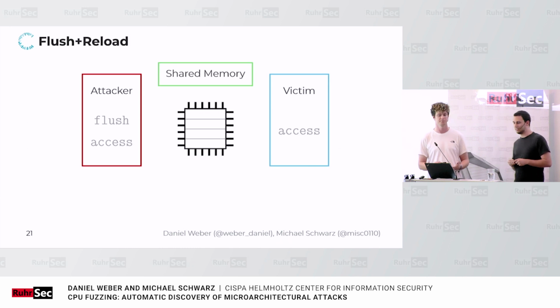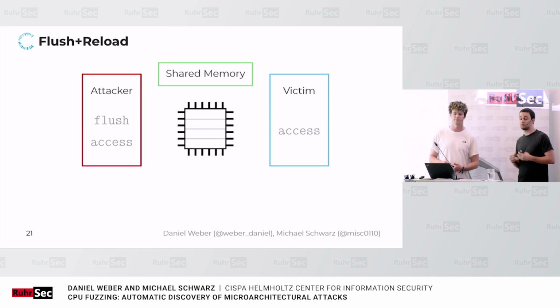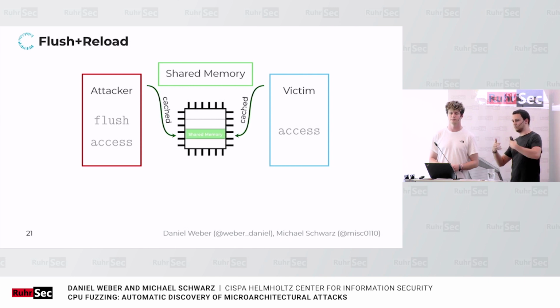A well-known attack based on these timing differences is Flush+Reload. For Flush+Reload, simplified and illustrated here, we have two processes, an attacker and a victim, and they share some memory. It could be a shared library, for example, with some math or crypto functions. The nice thing about shared memory is that if one process accesses it and puts it in the cache, it's cached for all the processes.